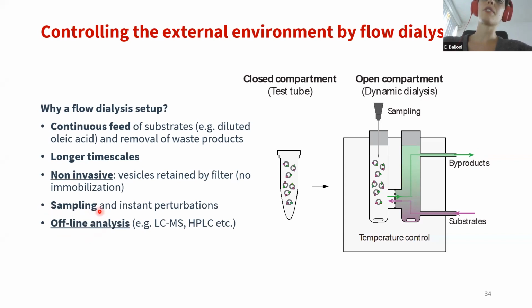But a system for sampling also allows us to perform instant perturbations in case we would want that. So these were the points that we had in mind for the development of a flow dialysis setup that was tailored to phospholipid biosynthesis.